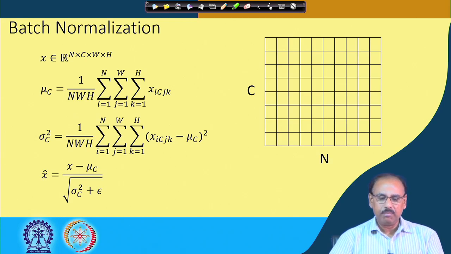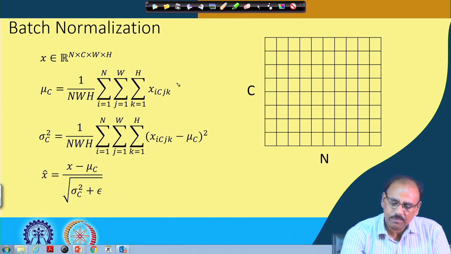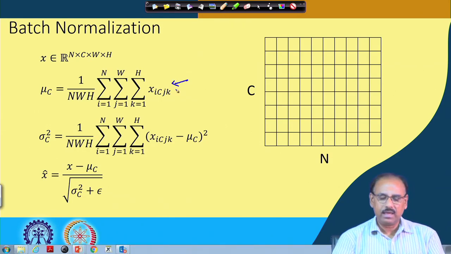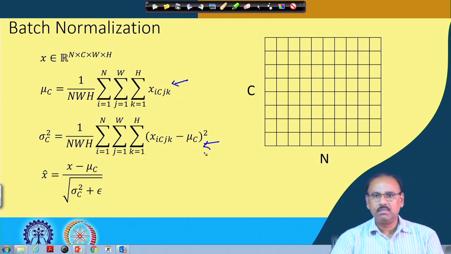So the way you compute mu for a particular channel is given by this expression. In the same manner, you compute the variance, that is sigma_c squared, following the same indices.